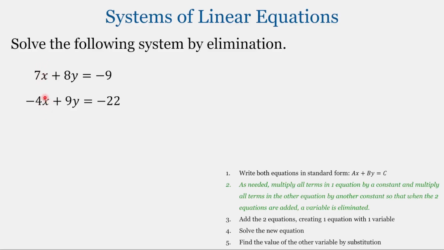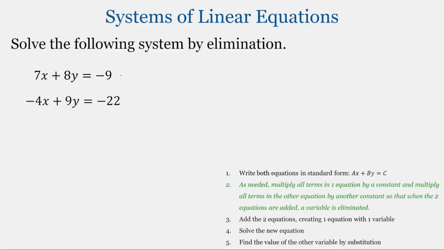If we look at eliminating the variable x, I'll be multiplying the first equation by 4 and the second equation by 7, which means we would be multiplying negative 22 by 7. But if we eliminated the y variable, we'd be multiplying 22 by 8. So not much difference here. I will go ahead and eliminate the x variable, but again, you can also eliminate the y variable instead.